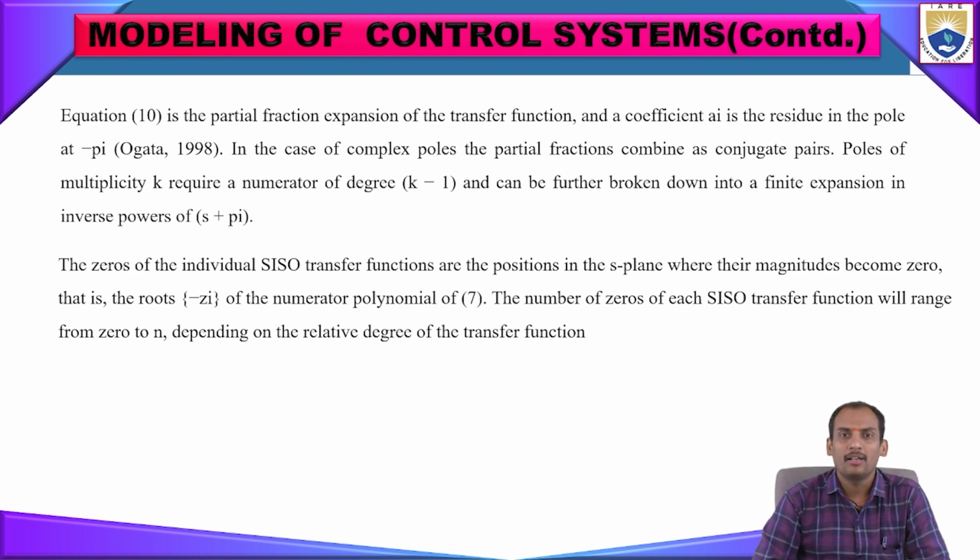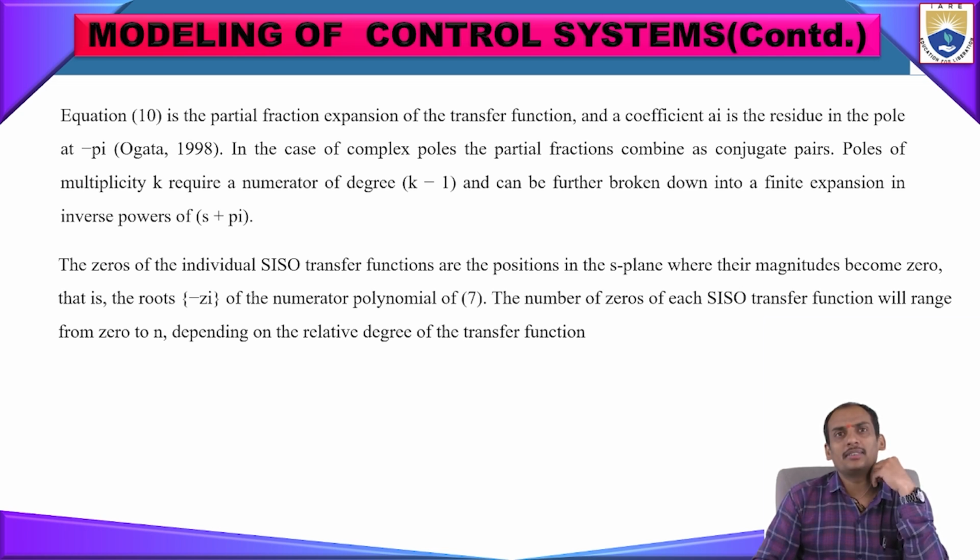A pole of multiplicity k will require a numerator of degree k minus 1, and that can be further broken down into a finite expansion in inverse powers of S plus Pi.